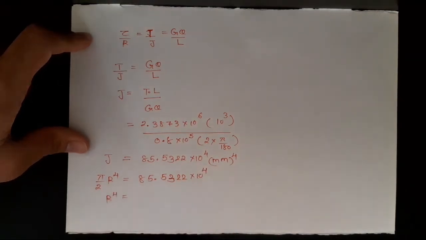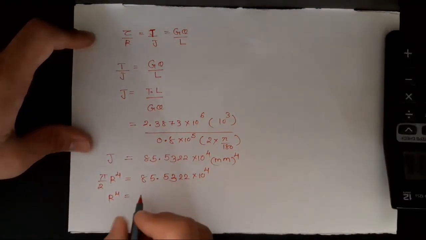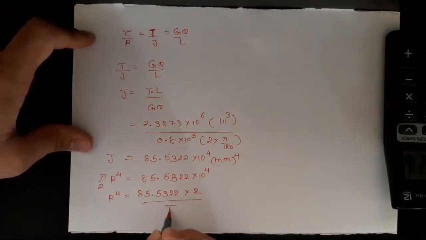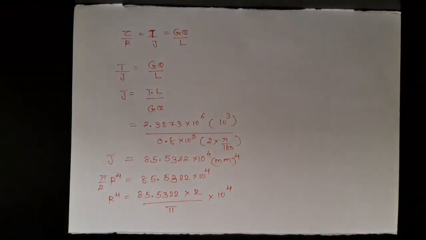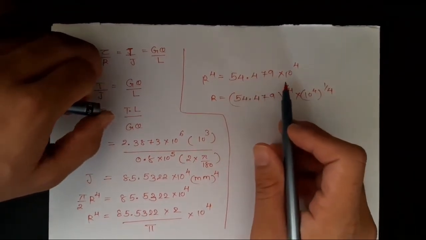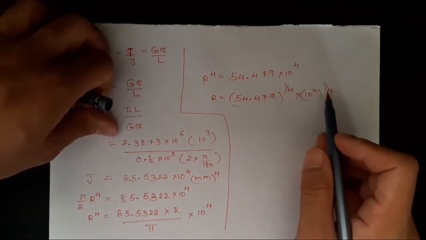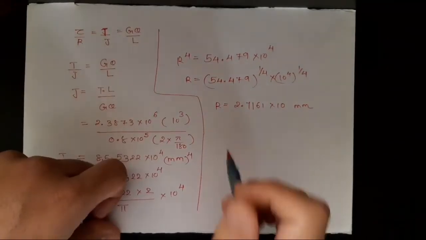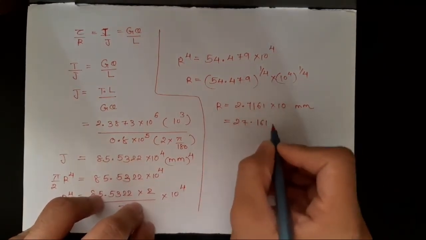So r raised to 4 equals 85.5322 into 2 divided by pi into 10 raised to 4, which is 54.479 into 10 raised to 4. So r equals 54.479 raised to 1 by 4 into 10 raised to 4 raised to 1 by 4. Calculating, r equals 2.7161 into 10, so it equals 27.161 mm.